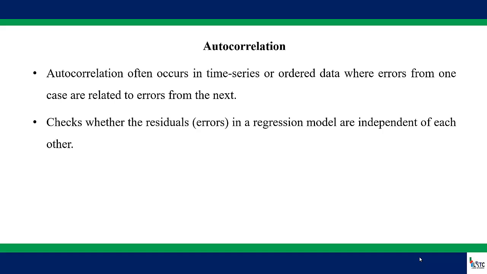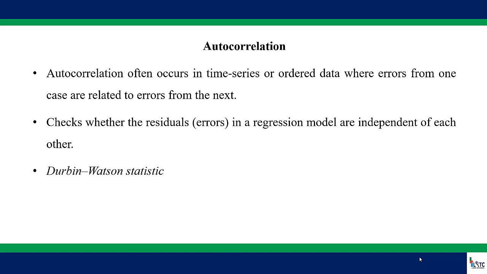So you can also say that autocorrelation in the residual is a situation whereby there is a relationship or dependency between the current and past error in a time series. But in the case of ordered data, then you can say errors from one case are related to errors from the next. So there is need for us as analysts to check whether the residuals or the error in a regression model are independent of each other.